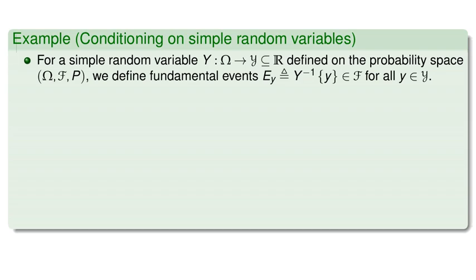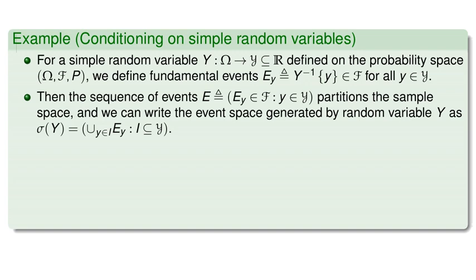We can define the fundamental events E sub y as the pre-image of y under Y for each y in script Y. These events E sub y belong to the sigma algebra script F. Then the sequence of these events, E consisting of E sub y for all y in script Y, forms a partition of the sample space omega. The event space generated by Y, sigma of Y, consists of all possible unions of these fundamental events E sub y, where we take unions over any subset I of the possible values script Y.